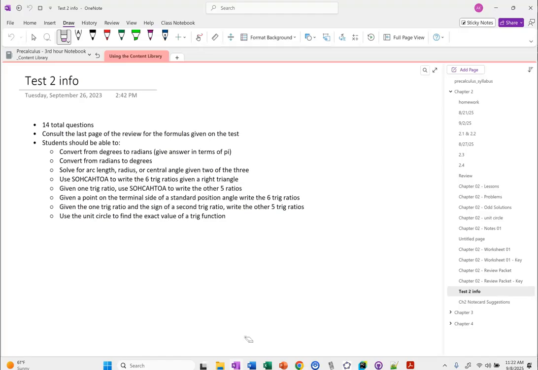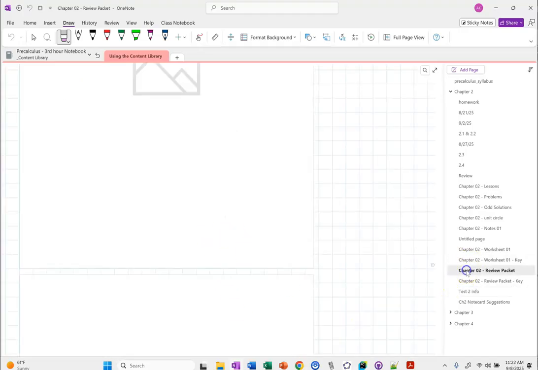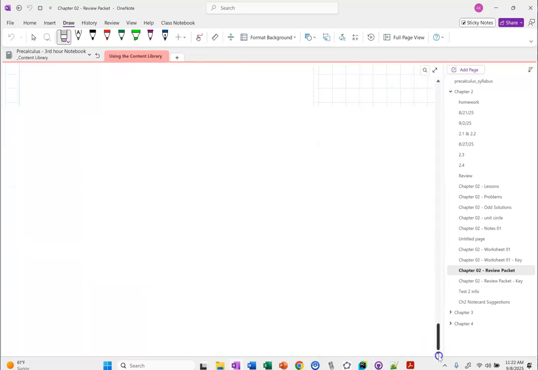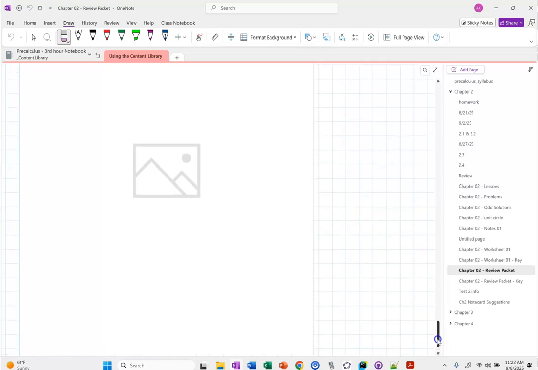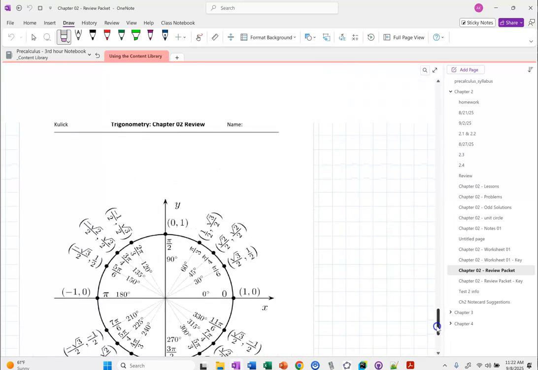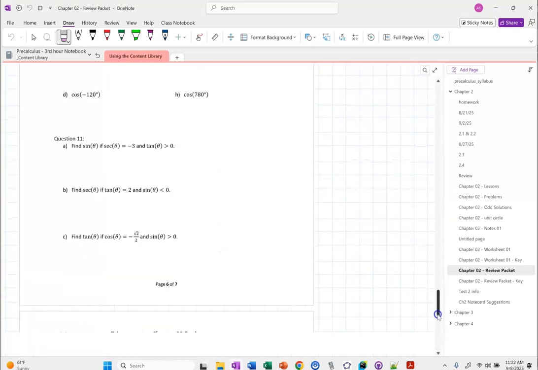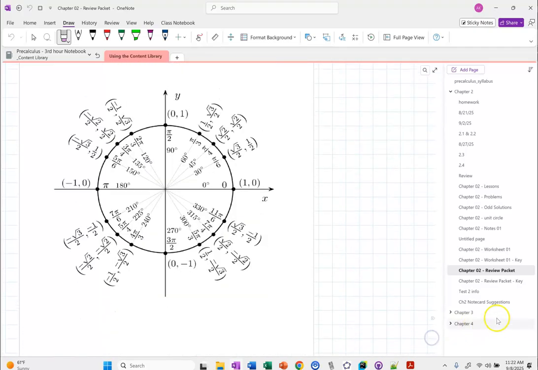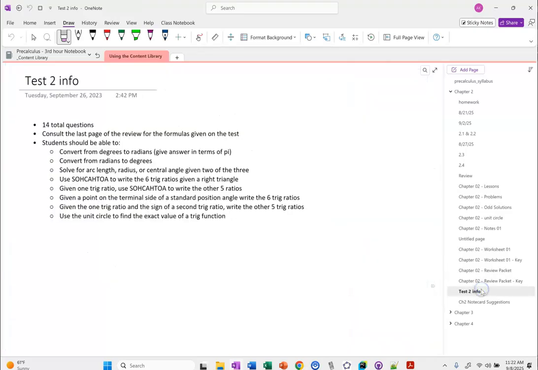So I have 14 total questions. If you look at the last page of the review, which is also in the content library here, you get the unit circle, that's provided for you.